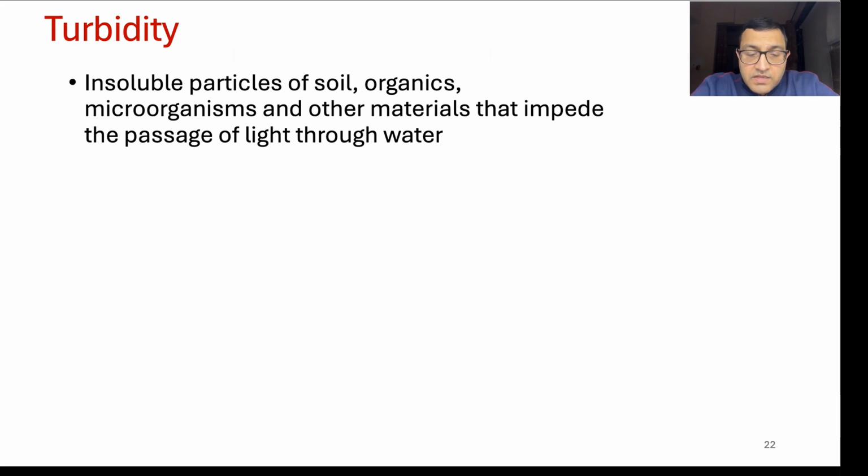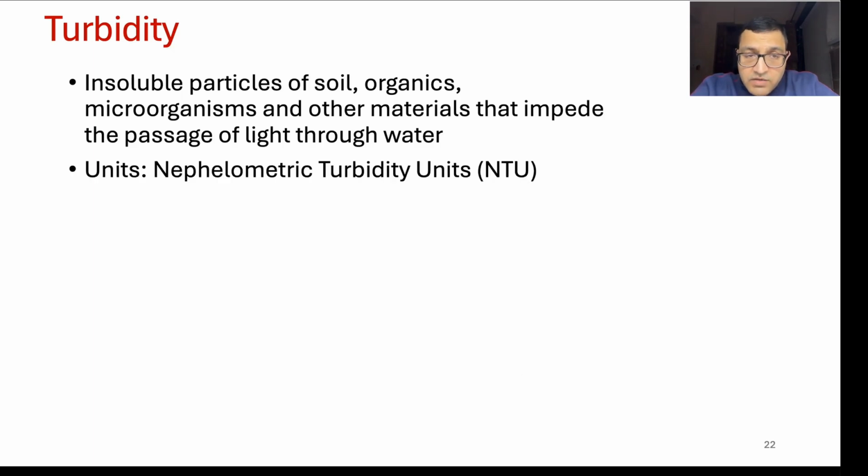Okay, turbidity. What is turbidity? We understand what turbid means. It means cloudy. If the water is turbid, it's cloudy, and it's due to insoluble particles of soil, organics, microorganisms, and other materials that impede the passage of light through water.